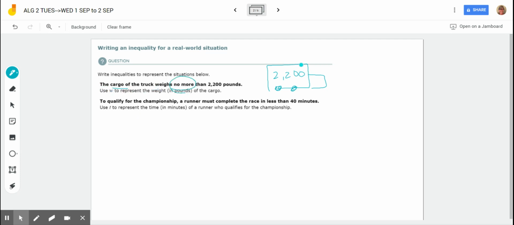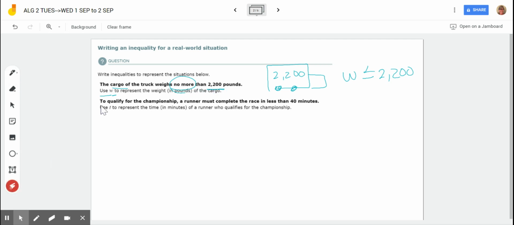Again, ask yourself, what does that mean? Can it be more than or less? Does it have to be less than? And you can see it has to be less than. It can't be more than 2,200. So it says use W to represent the weight. So the weight has to be less than or equal to 2,200. In English, no more than also means equal to. It could be equal to.